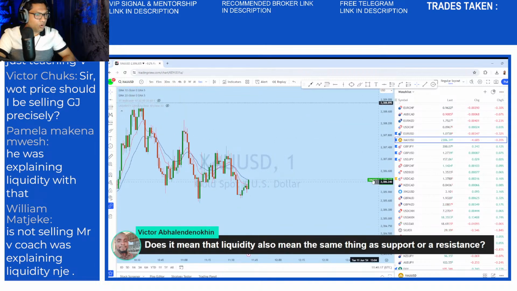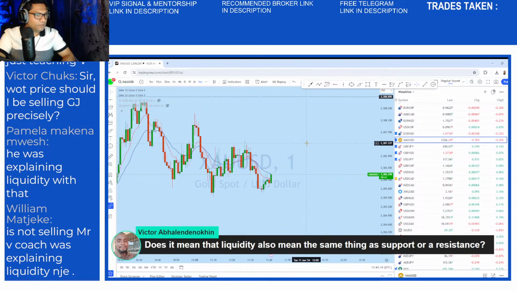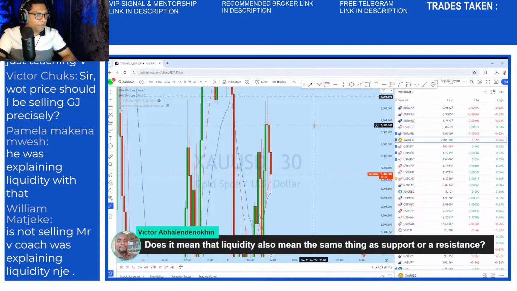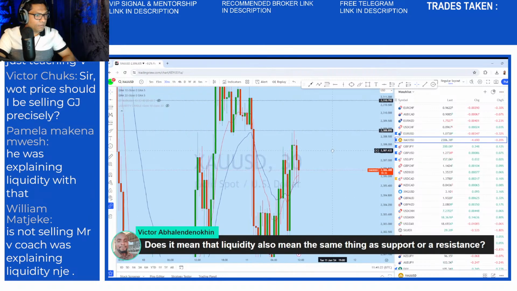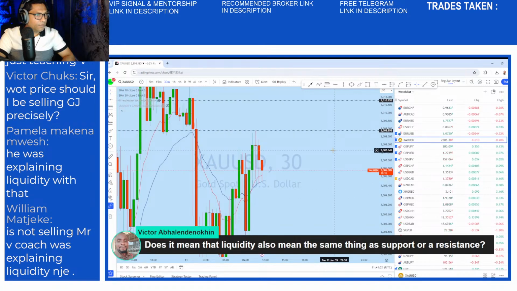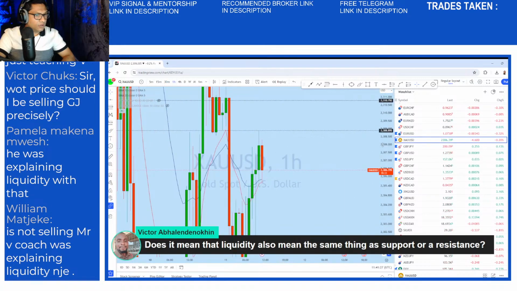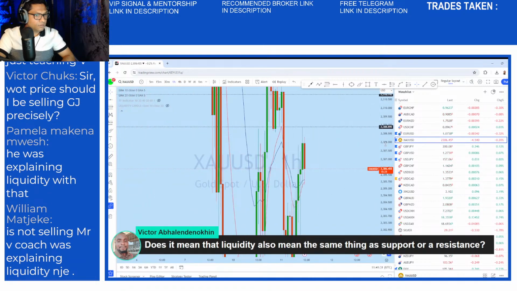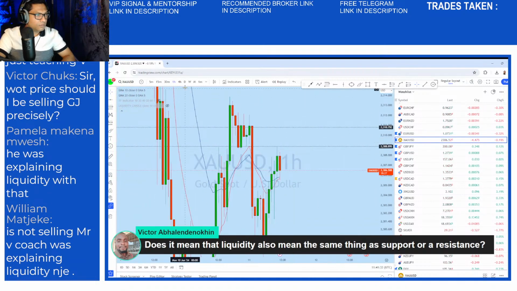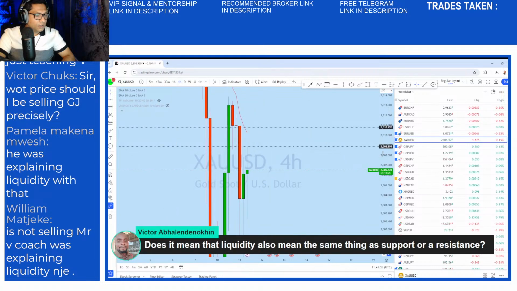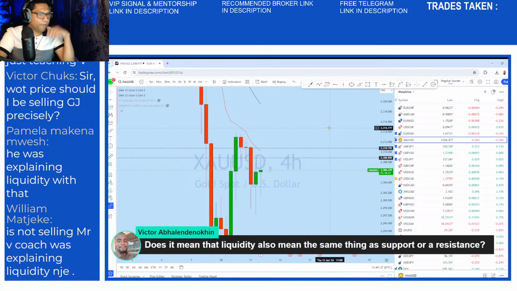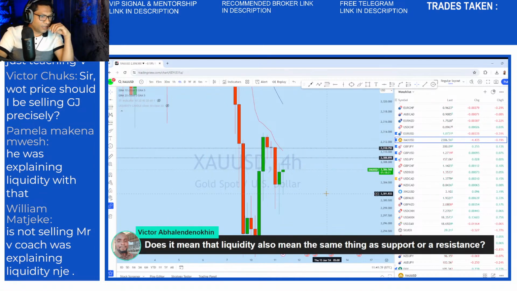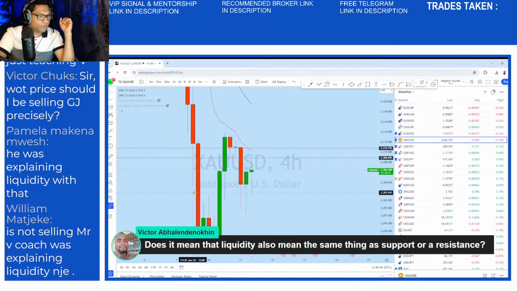So if we look at the gold here, let's see that on the 1 hour. Here, this is a resistance line and this is a support level.